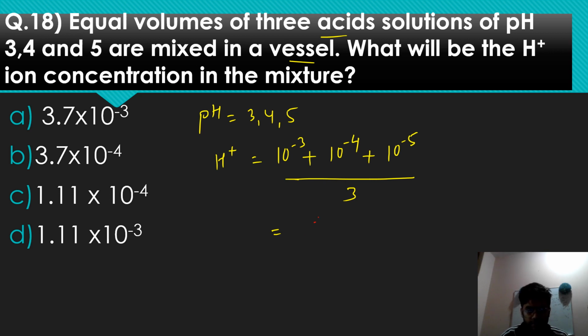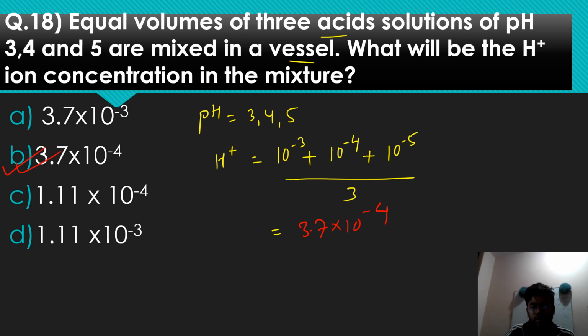Here we calculate 10 to the power minus 3 plus 10 to the power minus 4 plus 10 to the power minus 5, divided by 3, and the answer is 3.7 into 10 to the power minus 4. Yes, 10 to the power minus 4. Which one is the right answer? B is the right answer.